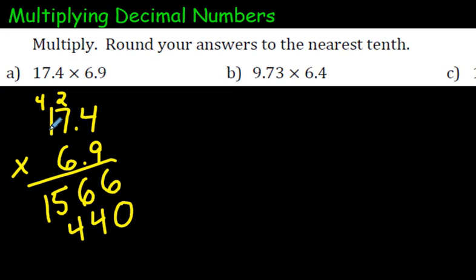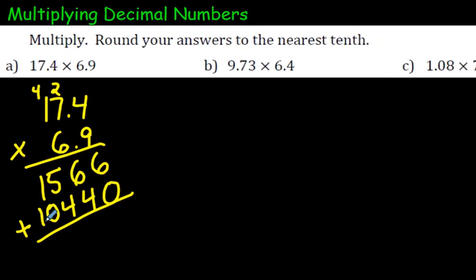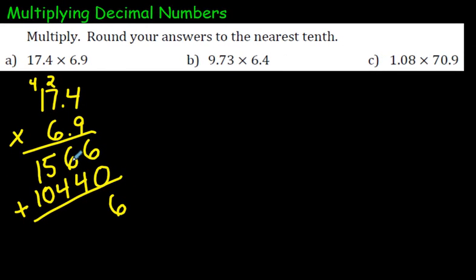And 6 times 1 is 6, plus 4 is 10. Okay. Now we just have to add up all of these. So 6, this is 10. 5 plus 4 is 9, plus 1 is 10. 1 plus 1 is 2, and 1.